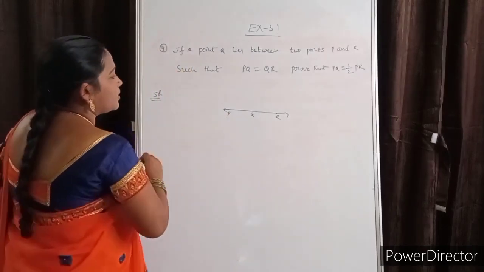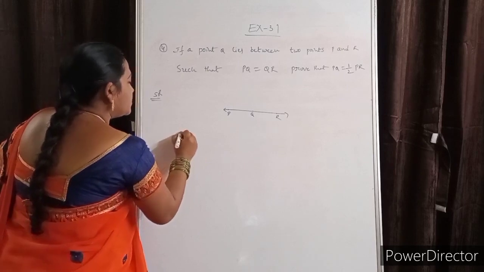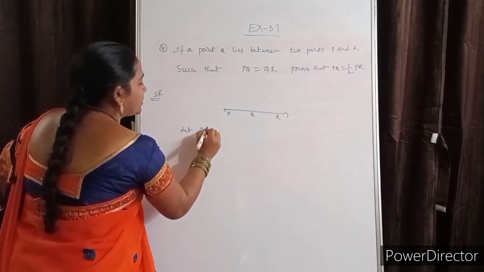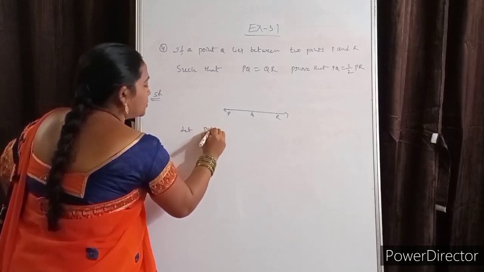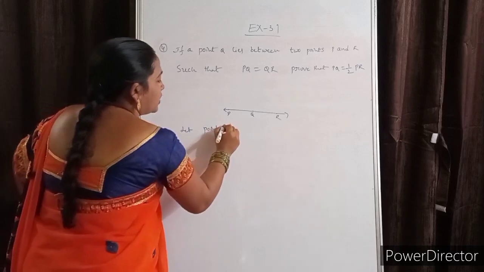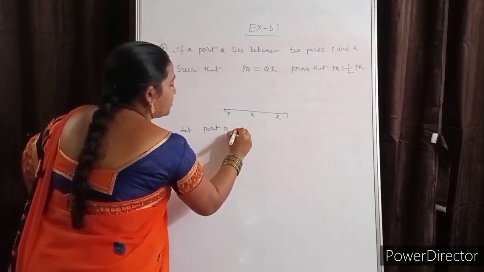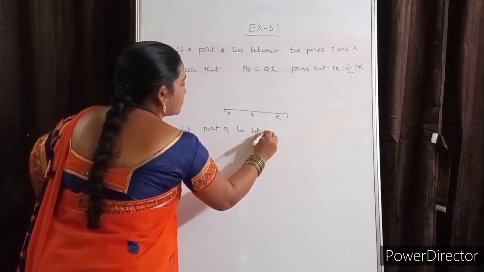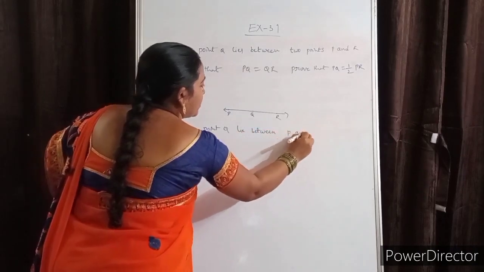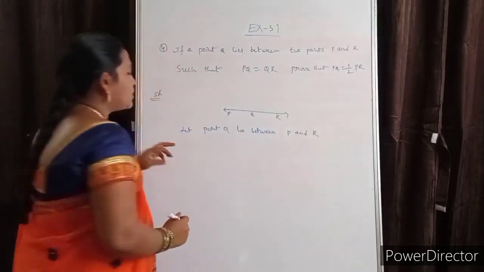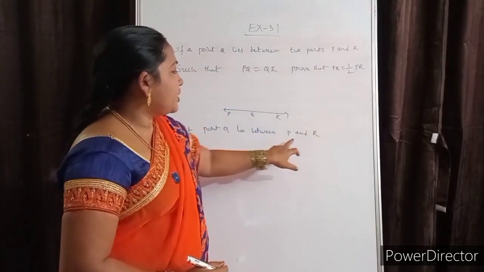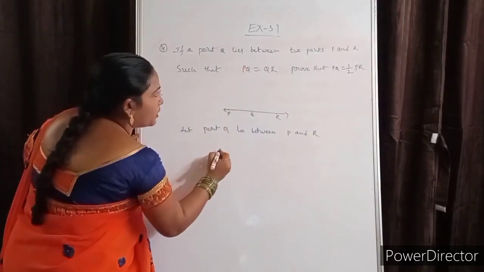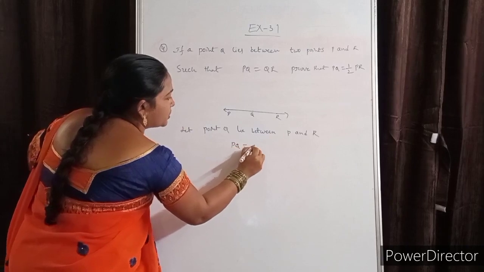Let the point Q lie between P and R. According to the problem, PQ is equal to QR.